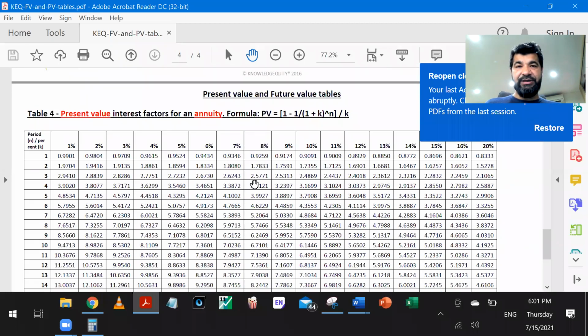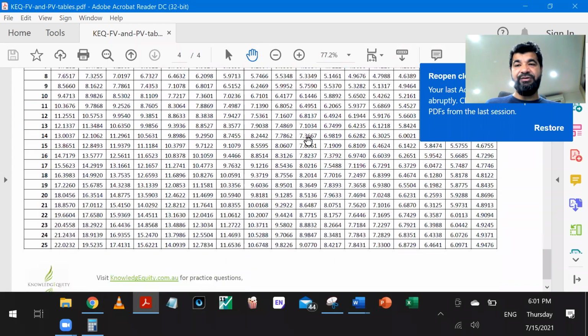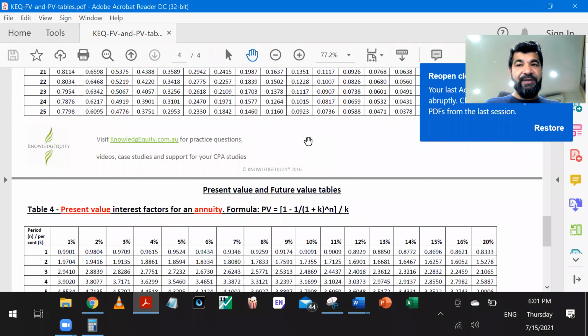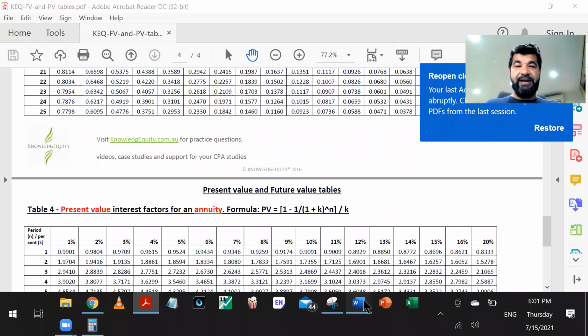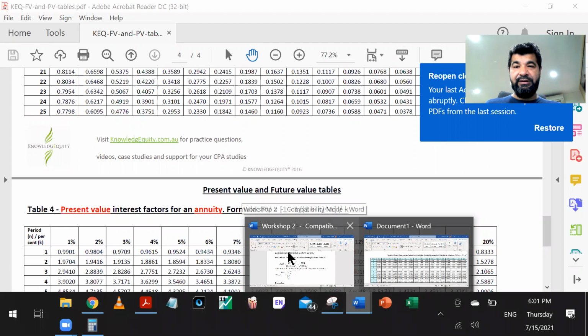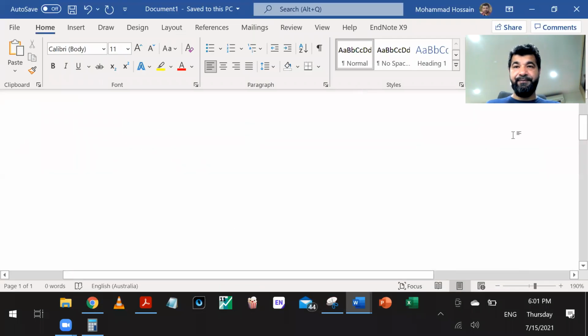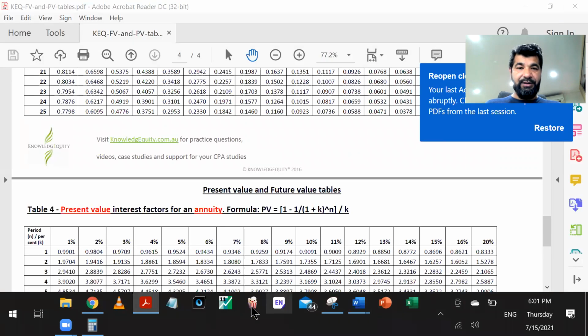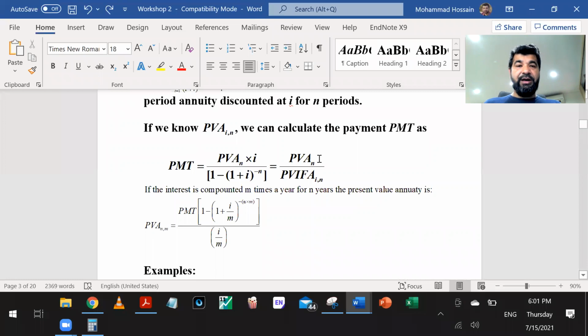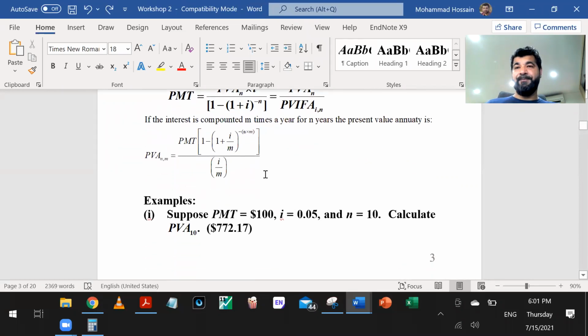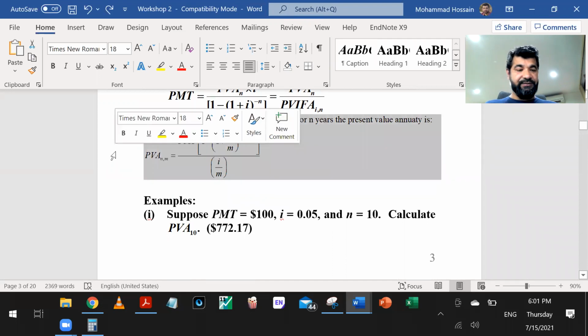So this is the table that I was talking about. From this table, you can see the four of them: present value, future value, and the two annuity ones. Now, going back, if we talk about the formula, you can ask me what the difference is between these two formulas.